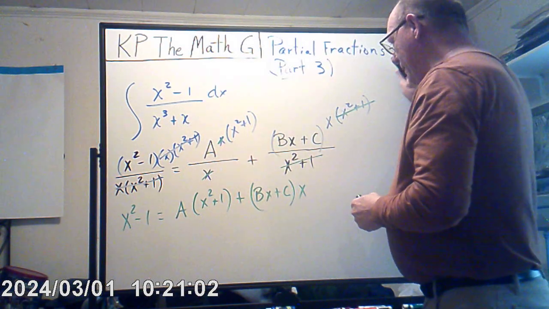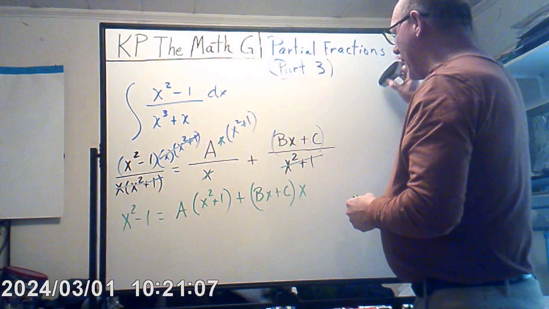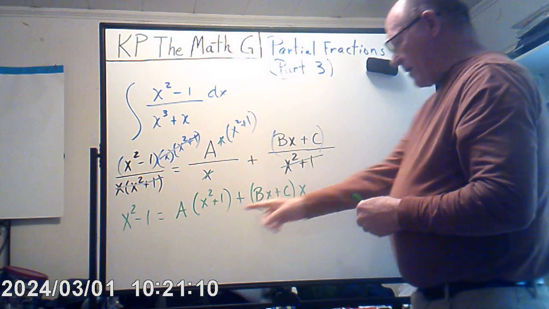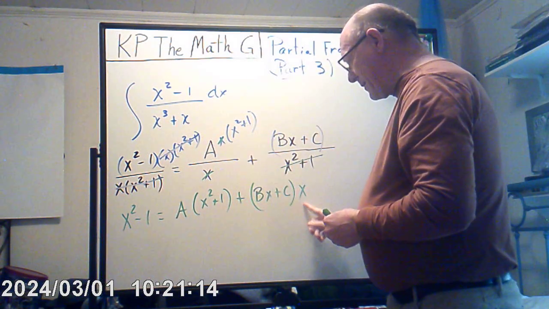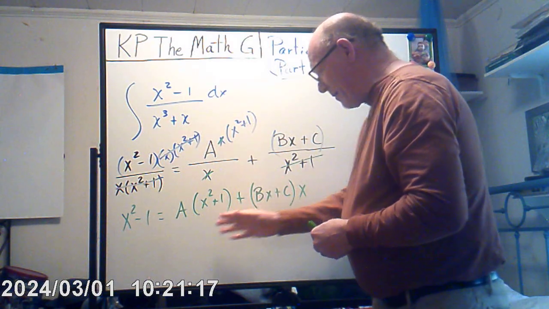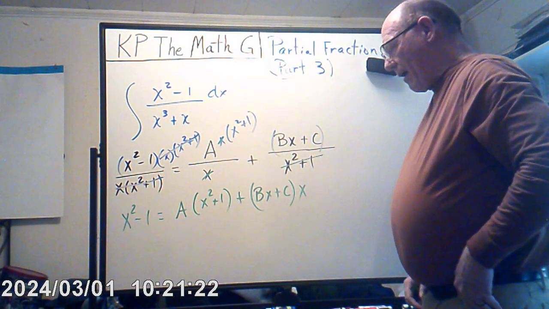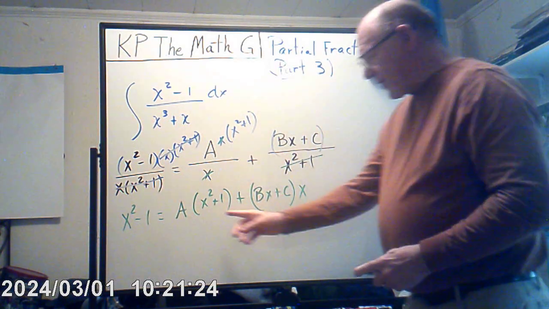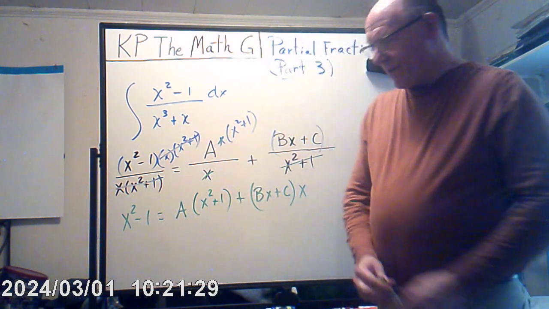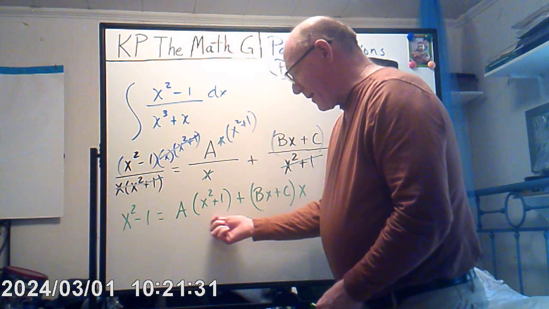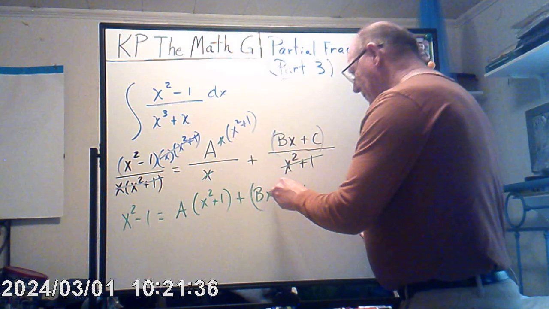There's a couple of methods that I would like to show you. I can plug in x to be 0, and this will be 0, and I can find a fairly quickly. The problem is there is nothing that I can plug in here to make this 0 and find bx plus c.